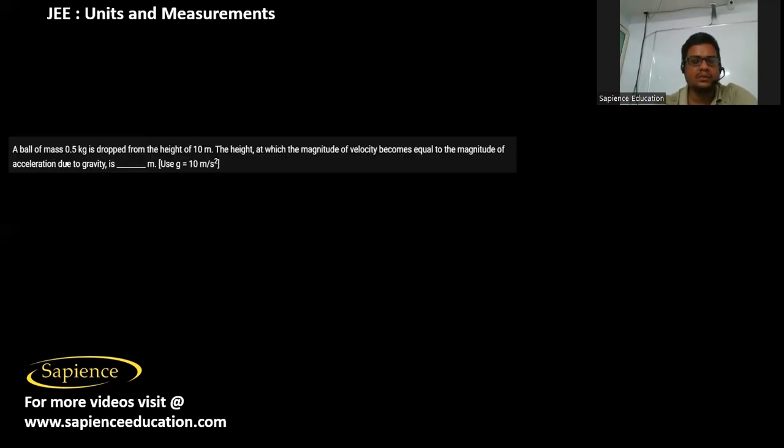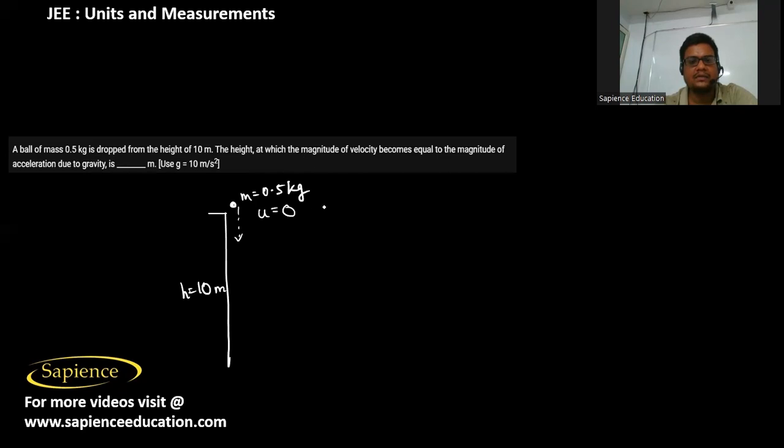Then it is told that a ball of mass 0.5 kg is dropped from a height of 10 meters. Since it is dropped, its initial velocity will be 0.